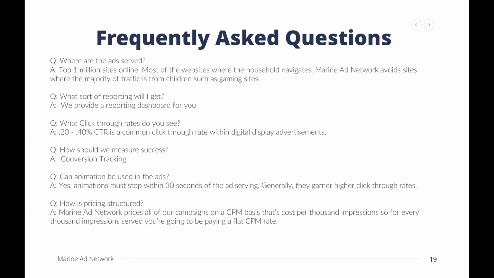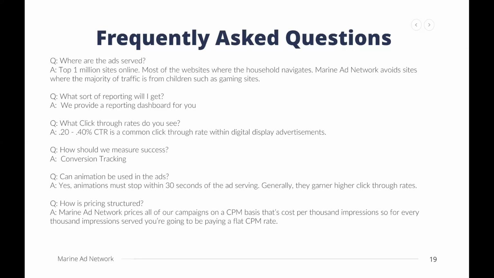But if anything, we charge the same rate for a GIF ad, which is animated and goes through like three different slides, as it is with a static price. So you might as well take advantage of being able to get more message out there about your particular company or product.